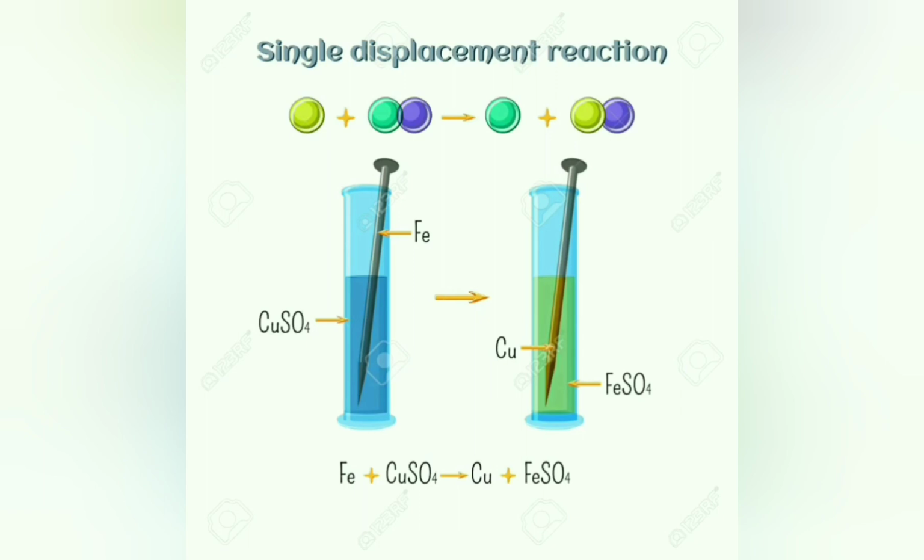Therefore slowly the color of the solution changes to green, and the metallic copper which gets displaced from the copper sulfate solution gets deposited on the surface of the iron nail, and hence we see some brown color deposition on the surface of the iron nail dipped into the solution. So this is an example of a displacement reaction wherein iron displaces copper from copper sulfate.